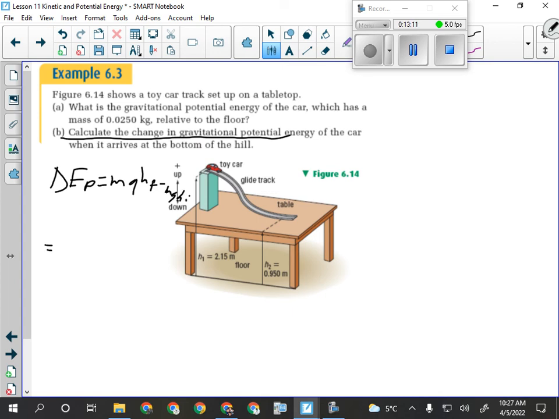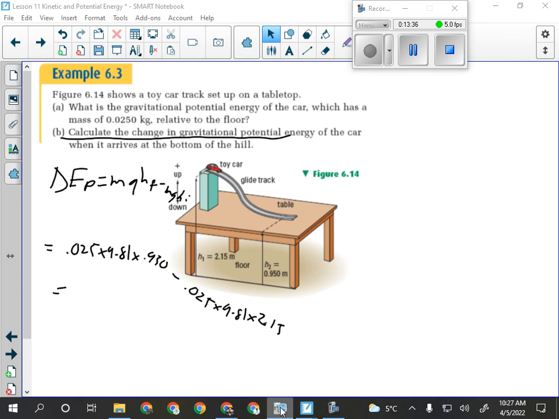So for this one, that's 0.025 times 9.81 times 0.950, that would be my final down here at the bottom, minus 0.025 times 9.81 times 2.15. When I do this, obviously I get a negative number.